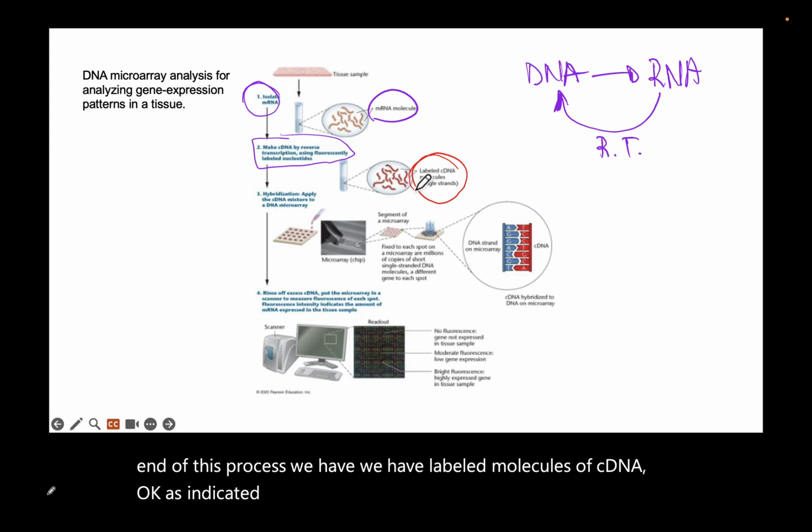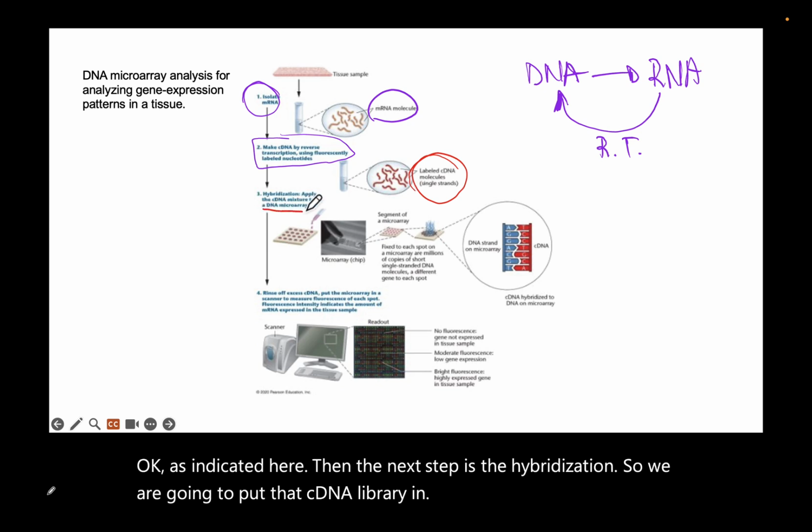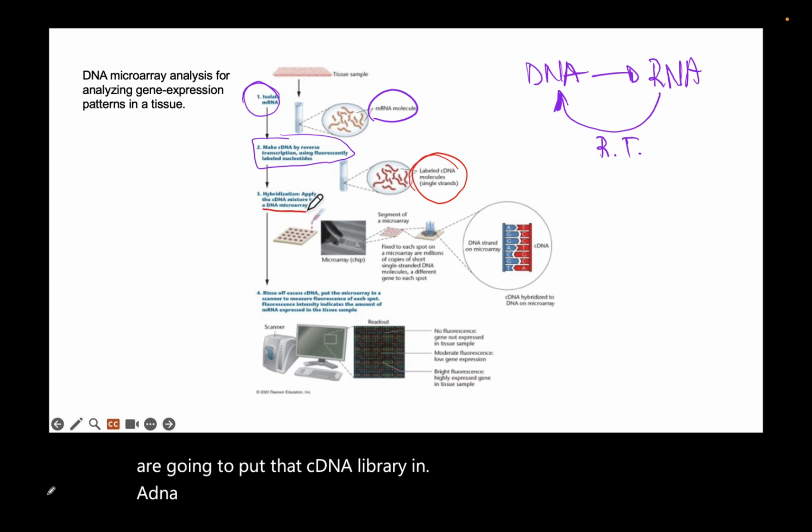Then the next step is the hybridization. We are going to put that cDNA library in a DNA microarray. The microarray is literally a very tiny slide, and those slides have little wells.